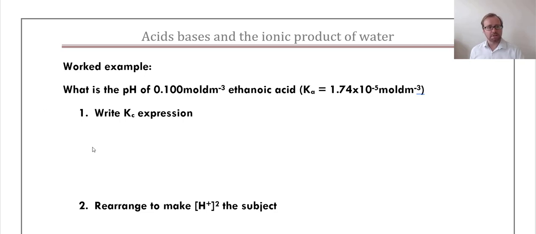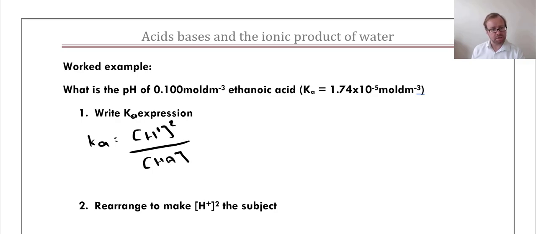First thing we need to do is write the Ka expression, and oh, that seems to be Kc, so that should be Ka. So my Ka expression for calculating this would be [H+] squared over [HA], or you could have written ethanoic acid in here.